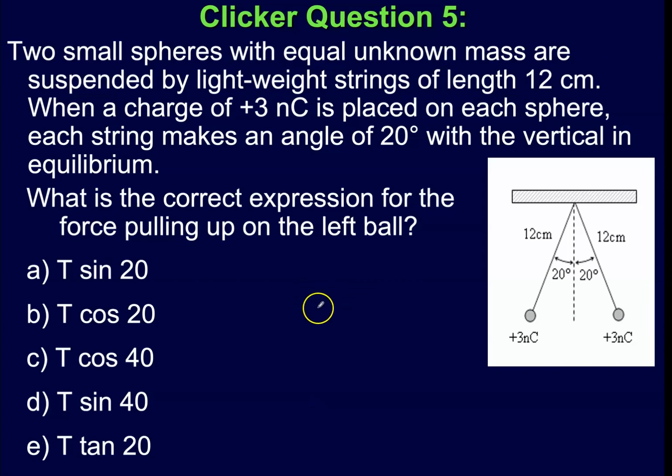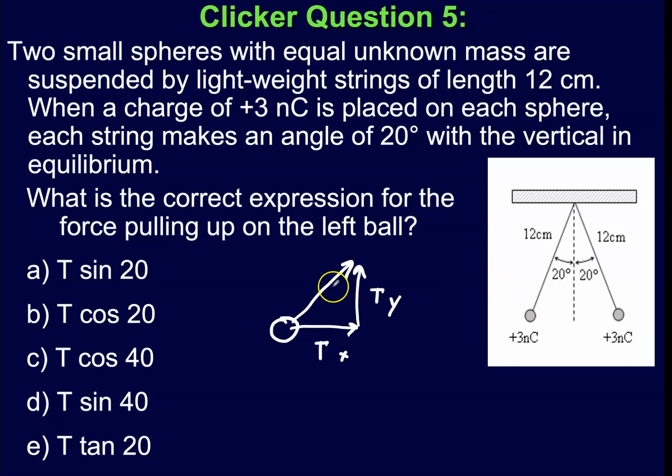Here's how I would do this. Here's our sphere, and the tension is this way. We're going to break that force into its two components, what I'll call the x and the y. So this is the Tx, and this is the Ty. The real trick to this part is realizing where that angle of 20 is.